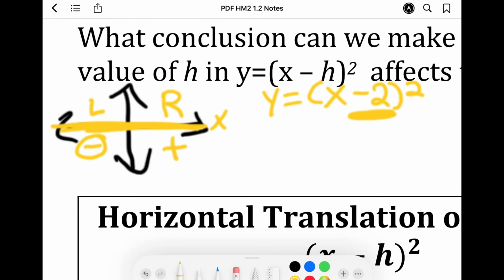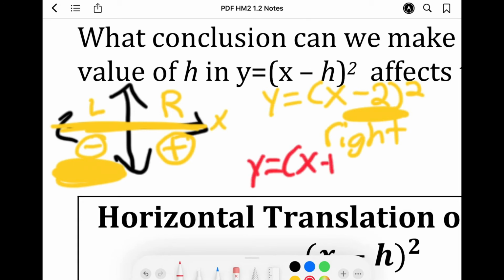this negative 2 is on the inside, it's with the x's. If it is negative, you're going to go the opposite way of the negative x values on the graph. So a negative with the x, you're moving away from the other negatives. So this is going to be moving to the right.